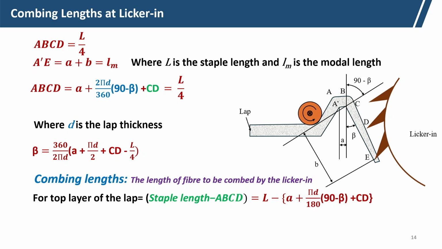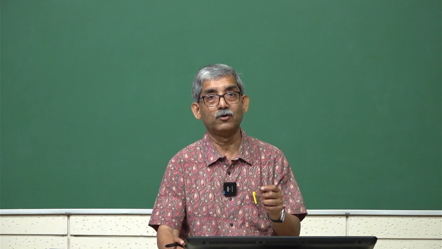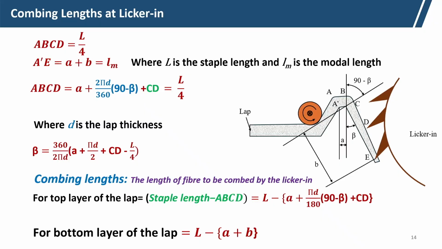This is for the top layer, and for the bottom layer it will be L minus A plus B. The total length, staple length minus A plus B, is for the bottom layer.